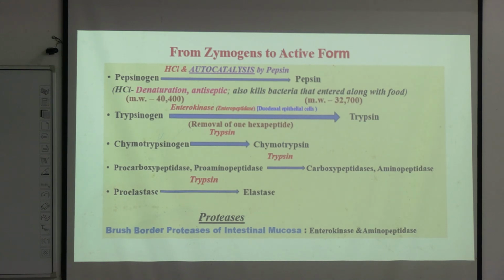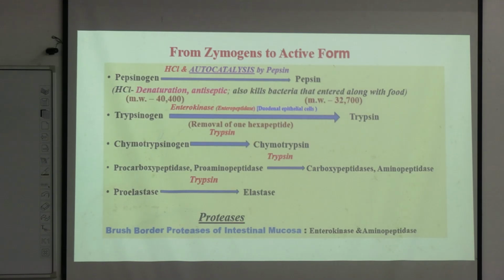After it comes out through the pancreatic duct into the intestine, trypsinogen is activated by the enterokinase or enteropeptidase enzyme, which is present on the mucosal cell, this side. So, enterokinase activates trypsinogen into trypsin.